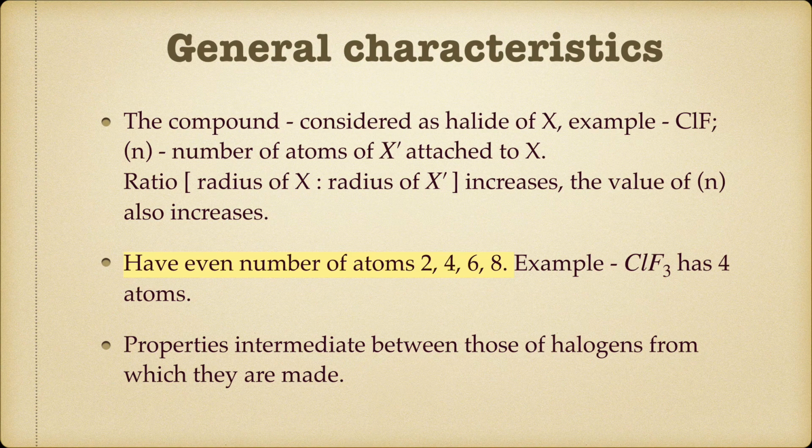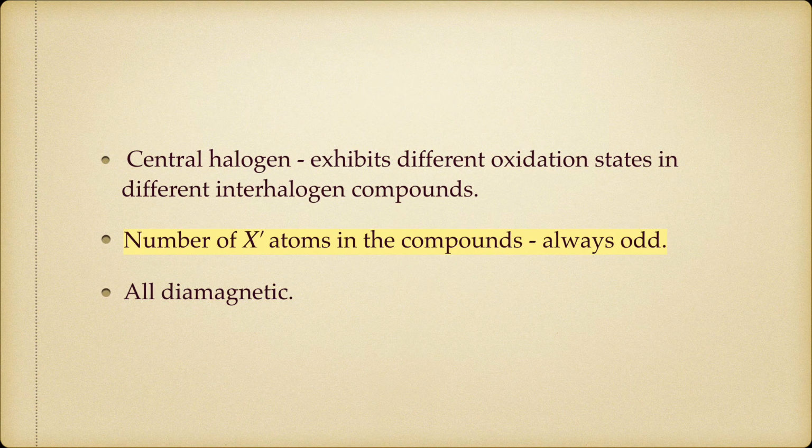Next property, the central halogen atom exhibits different oxidation states in different interhalogen compounds. Next, the number of X' atoms in the compounds is always odd. And the last one, they are all diamagnetic in nature. These are the properties of interhalogen compounds.